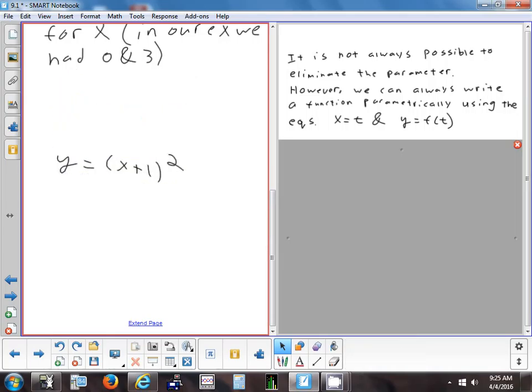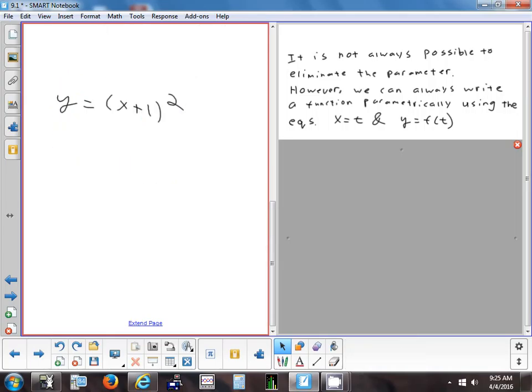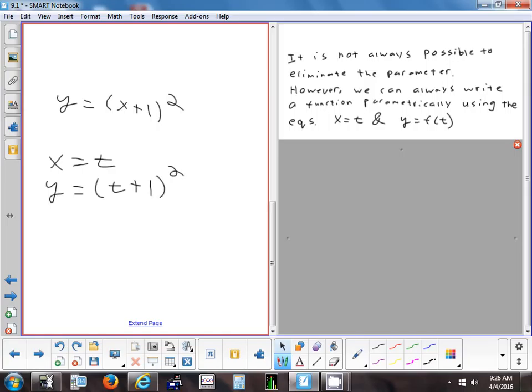If I wanted to make that parametric, here's a very simple way to do it. For your first equation, just write x equals t. For your second equation, just take the original problem and change all the x's to t's. There's a set of parametric equations for this original problem.